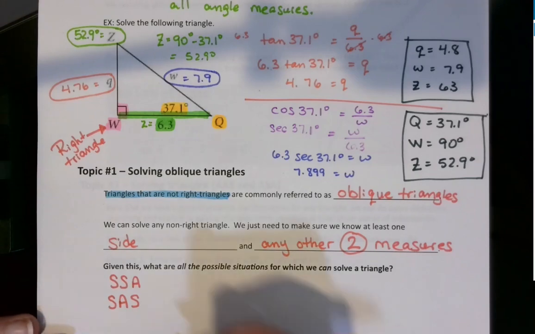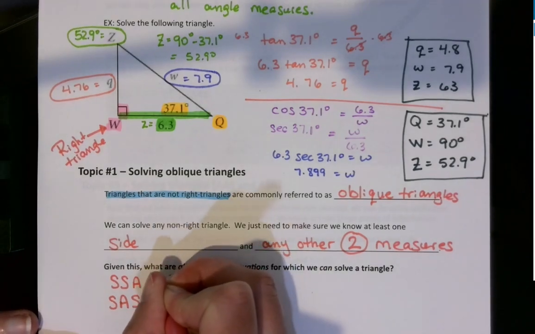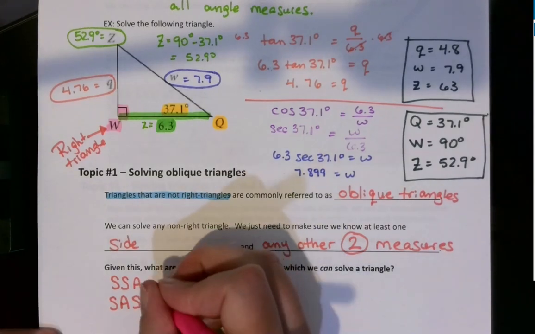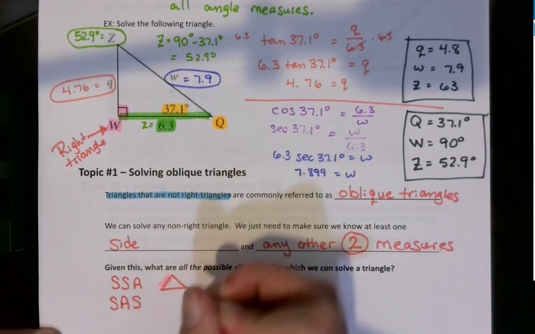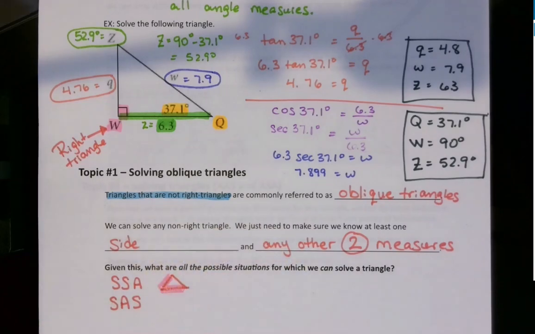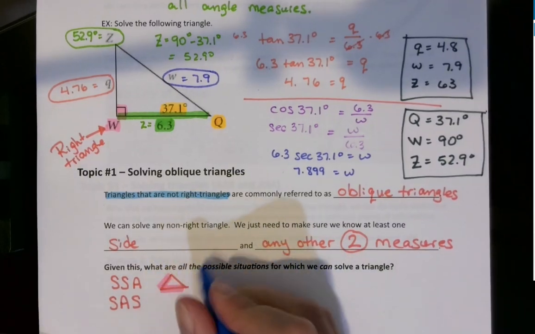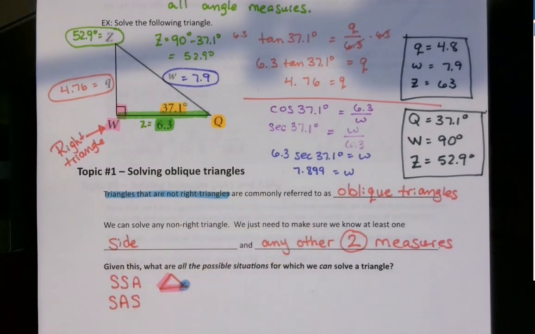Let me draw a little diagram for this. In a situation where it is side-side-angle, I would know, say, these two sides, and then the angle that I know would be one of the other two. It'd be like, say, this angle right here. Doesn't matter which of those two, but it's one of the angles that's not between the two sides.